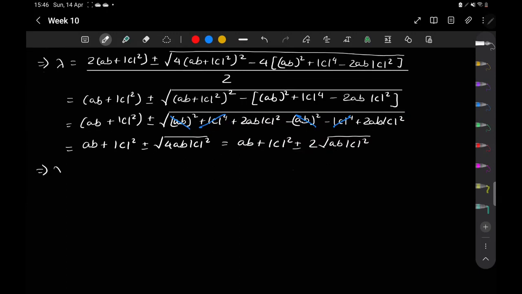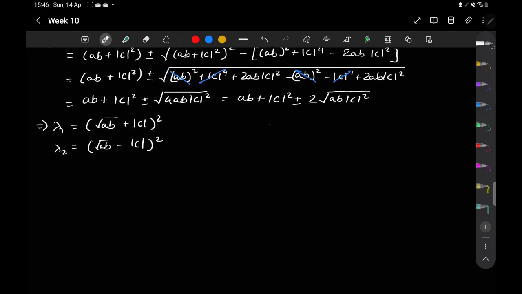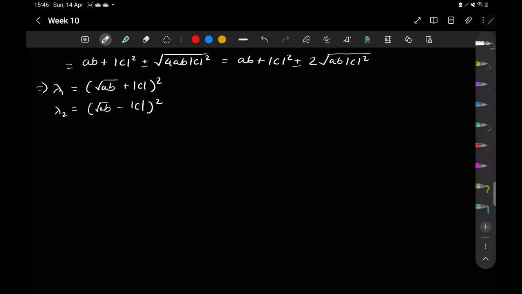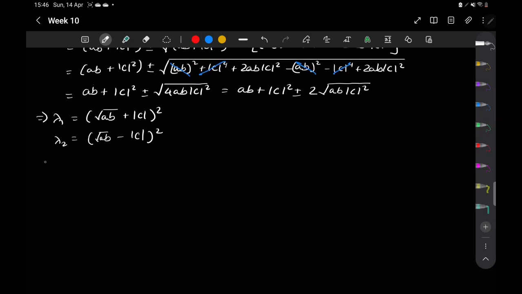So this gives me lambda 1 equals the following. And lambda 2 as the following. Again, because we have to maintain descending order. Now we can find out the concurrence.